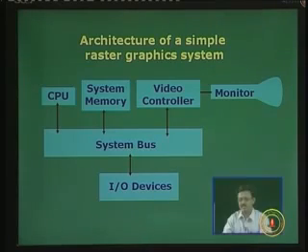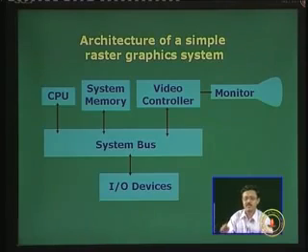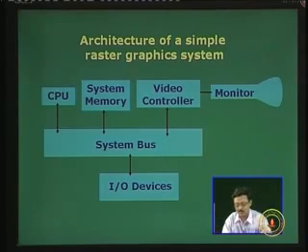This is a simple system where the CPU puts the frame buffer instructions somewhere in the system memory, and the video controller gets the output primitives, the point and pixel commands, from the system memory and displays them on the monitor. So, the video controller has a particular task. We will see the block diagrams inside the video controller of what it is doing in due course of time.